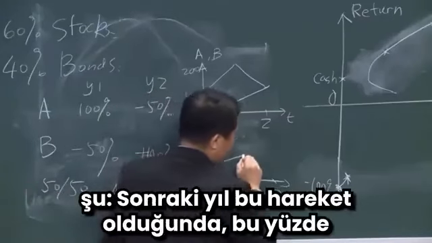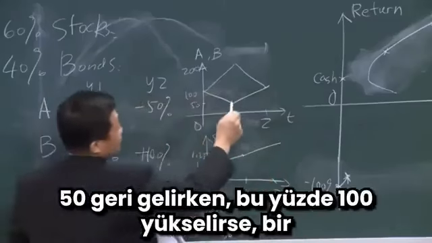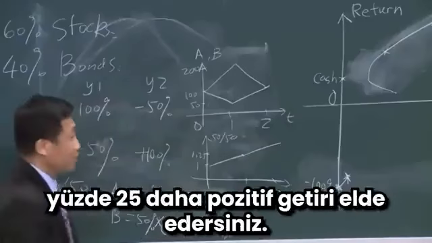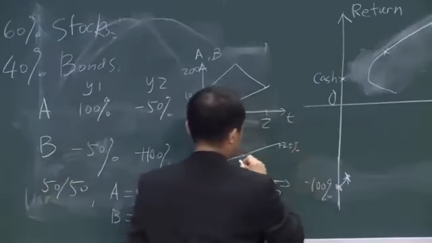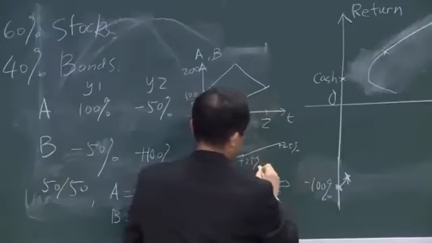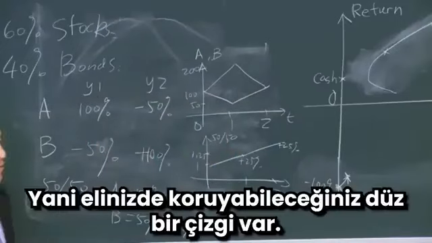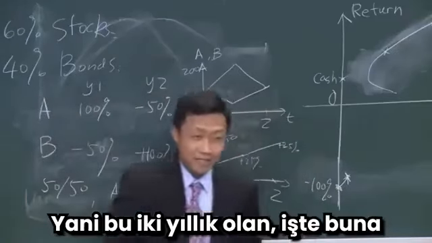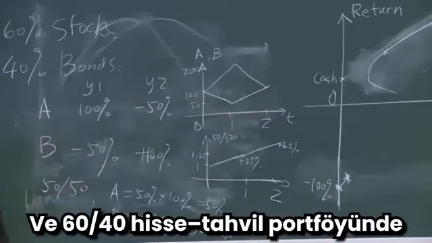But what happens in the following year when you have this move? This comes back 50%, this goes up 100%. You return another 25% positively without volatility. So you have a straight line. You can keep going. So this two-year example is the so-called diversification benefit.